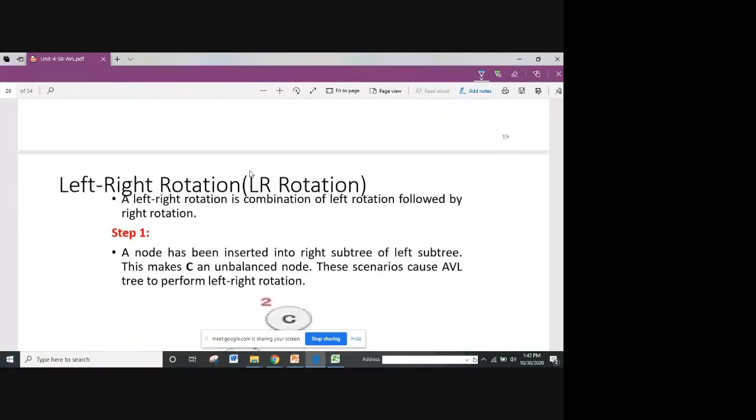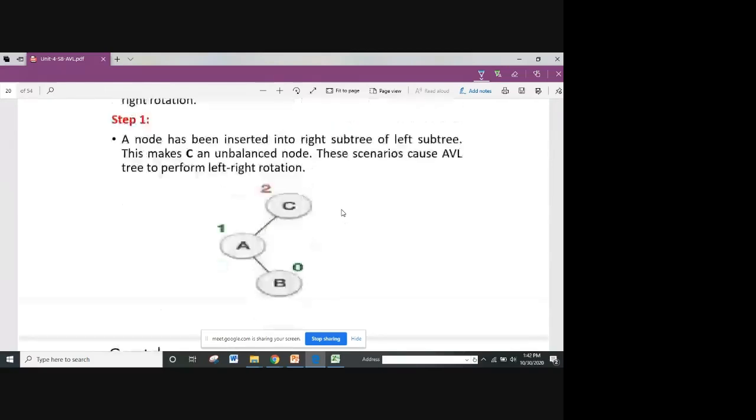Now come to left-right rotation. This is a combination of left followed by right. This type of tree, when I take the splay tree, I will tell you what it is actually like.